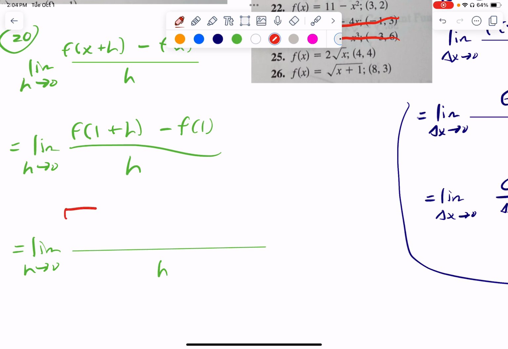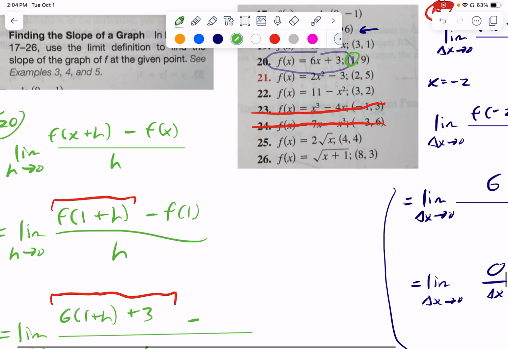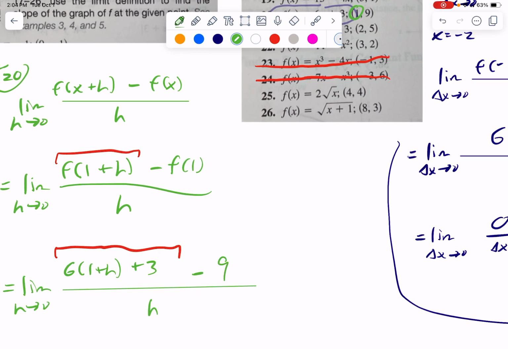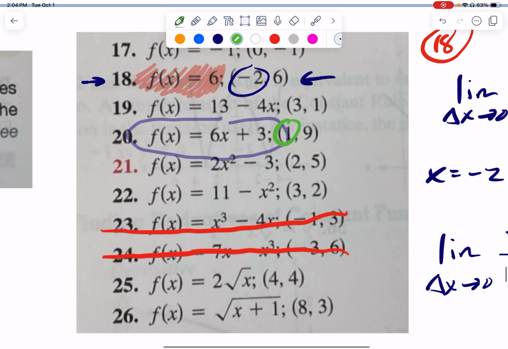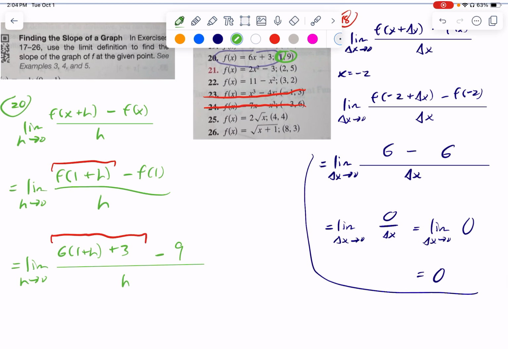So if I do this to f of 1 plus h, I will get 6 times input plus 3. f of 1 is equal to 9. You can get that by plugging in, or you will notice they actually told you that the corresponding y value is 9. But f of 1 is 9, that's easy to figure out.